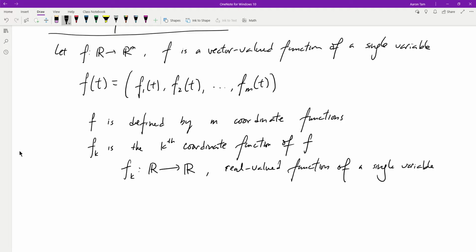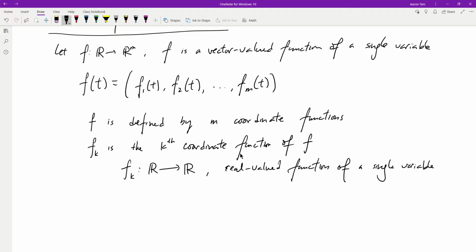However, I do want to mention this first, and you probably hear me say this all the time. We are learning some very abstract math, and you need to have an understanding of what we are actually trying to accomplish here, or what some of these things represent. So when we have a function f that maps from R to R^m, a vector valued function of a single variable, what does it represent?